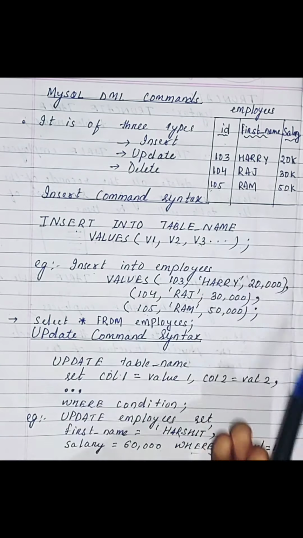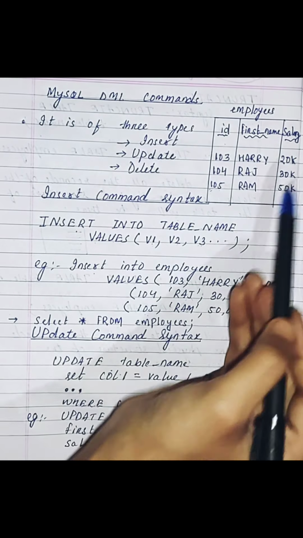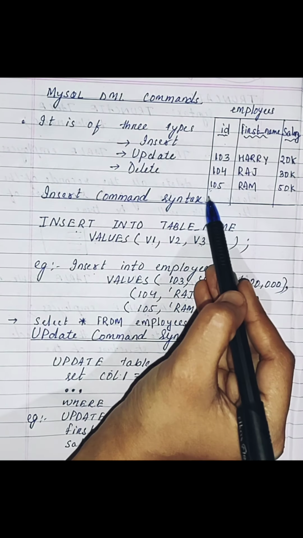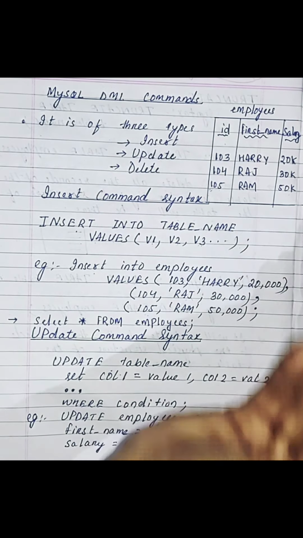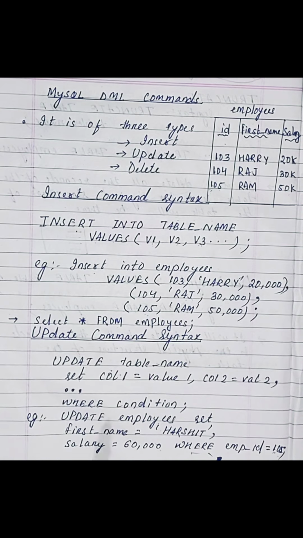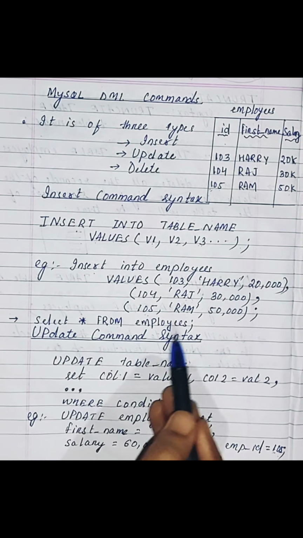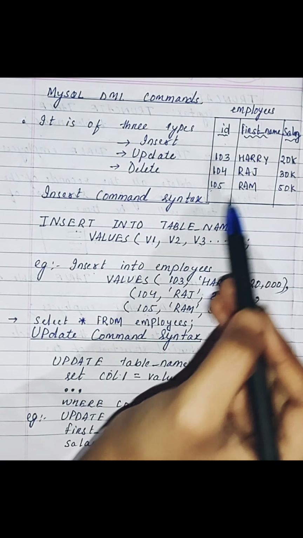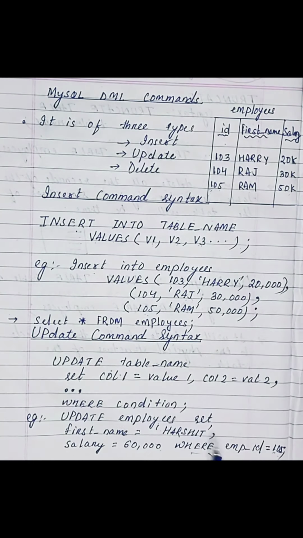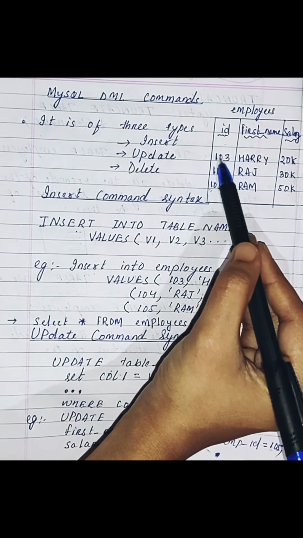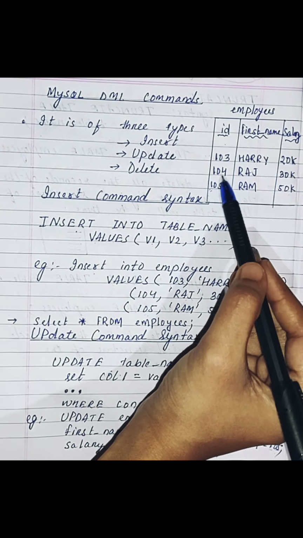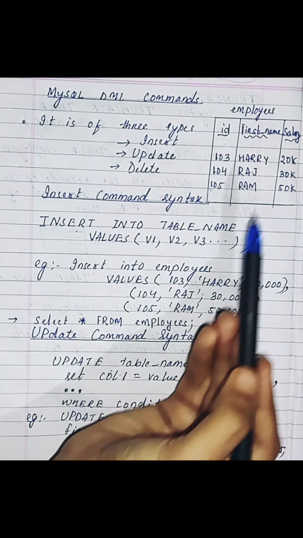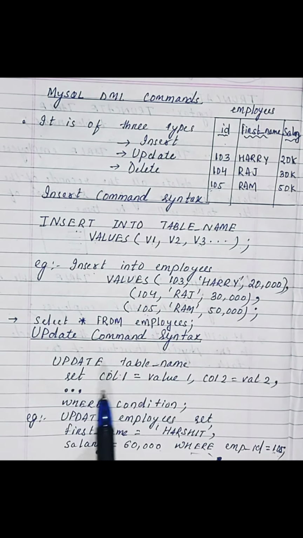After writing this query, if we write SELECT * FROM employees, in the place of Ram, Harshit will get updated, and in place of 50,000, 60,000 will get updated. Now 103 Harry and 104 Raj will remain the same. I hope you are clear about the update command.